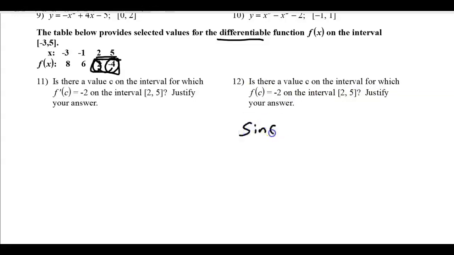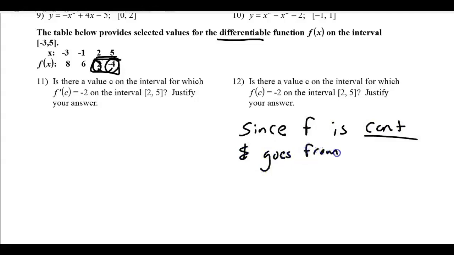Since f is continuous, that's important to say, and goes from 2 to -4 on the interval. I'm sorry, my bad, let me back it up a little bit. What goes here is the y values, and goes from 2 to -4 is what I meant to say.